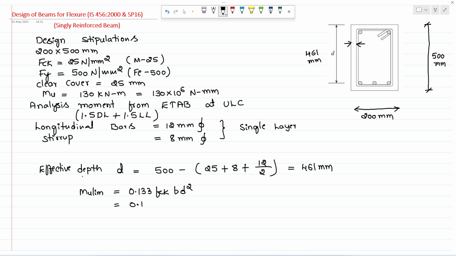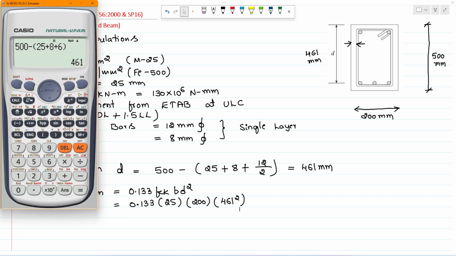So 0.133, fck is 25, width of the section is 200, effective depth is 461 square. Let me solve this: 0.133 into 25 into 200 into 461 square.